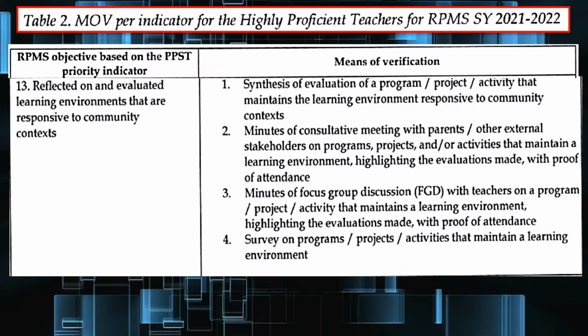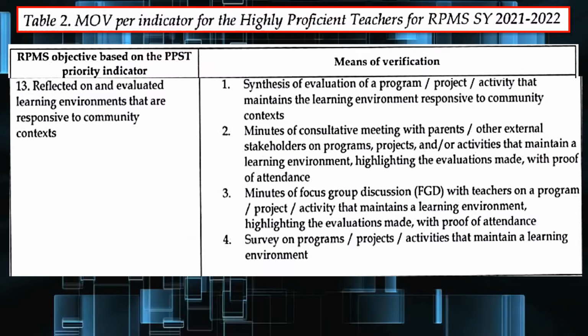For objective number 13, reflected on the evaluated learning environments that are responsive to community contexts. So the MOVs are: number 1, synthesis of evaluation of a program, a project, or an activity that maintains the learning environment responsive to community contexts.